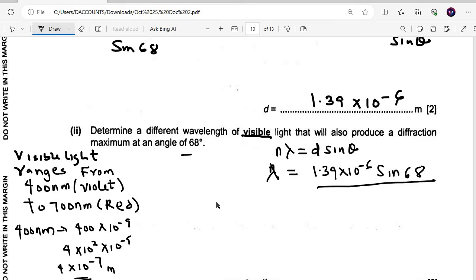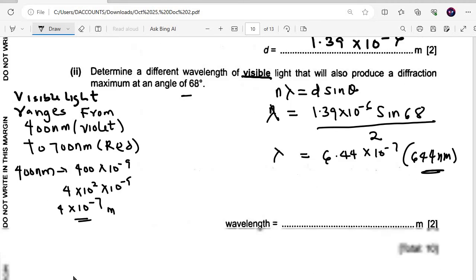Since the maximum order is the third order, let's try using 2 first. It gives us 6.44 times 10 to the power minus 7, which is 644 nanometers. It falls within the range, so it's correct.